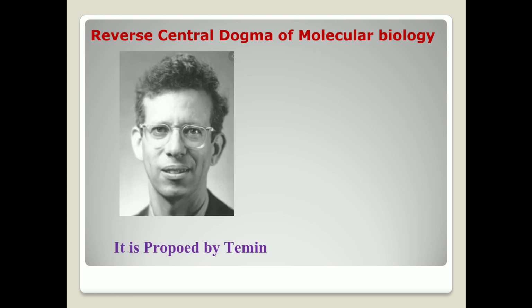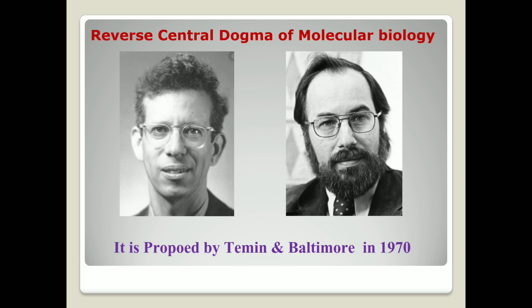But one exception is there, that is the reverse central dogma of molecular biology. It was proposed by Temin and Baltimore in 1970. This reverse central dogma is also called Teminism.